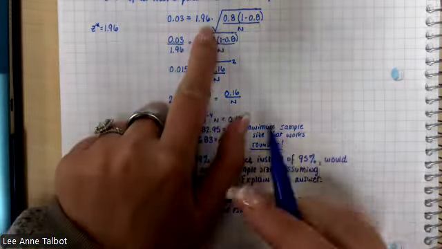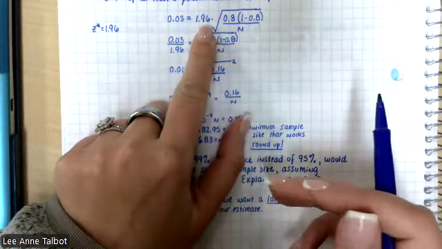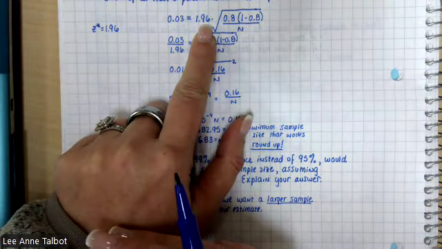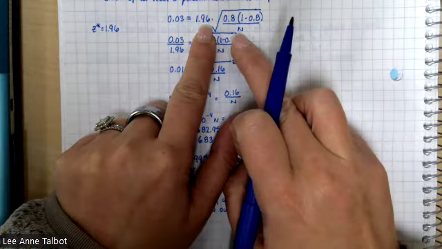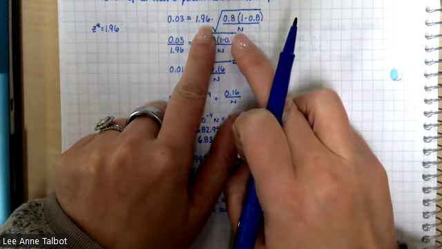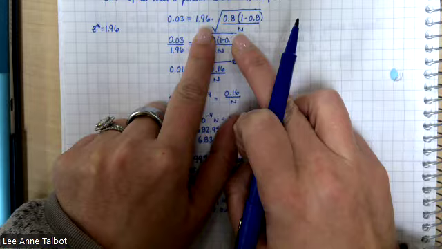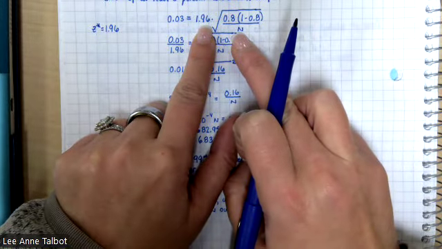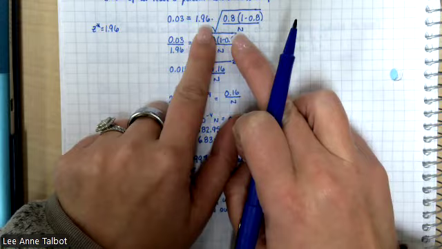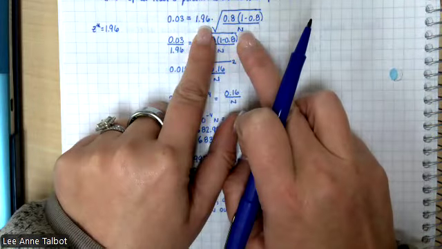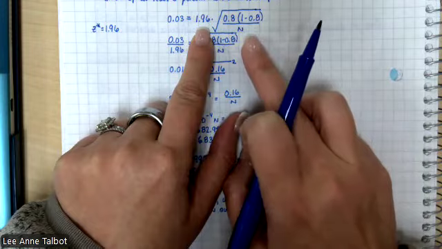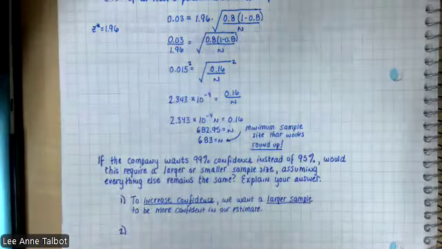Now, that would mean this number in the numerator gets bigger. To balance that out, I would have to increase this number in the denominator. So mathematically speaking, to balance out the change in Z star, you would have to increase n, because Z star is in the numerator and n is in the denominator.